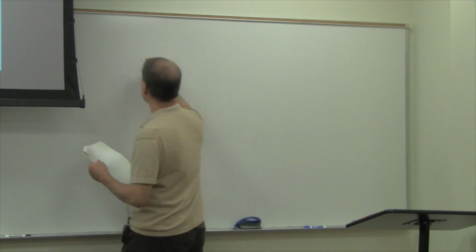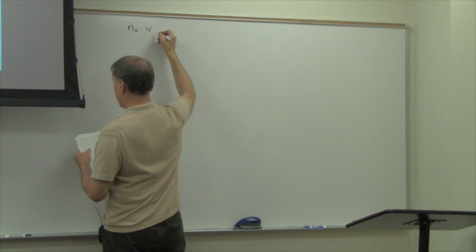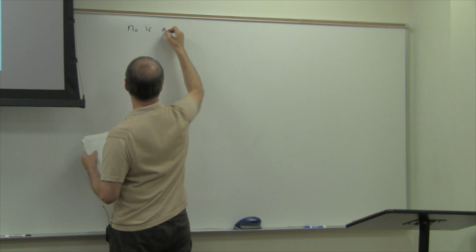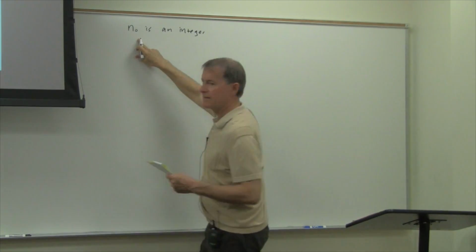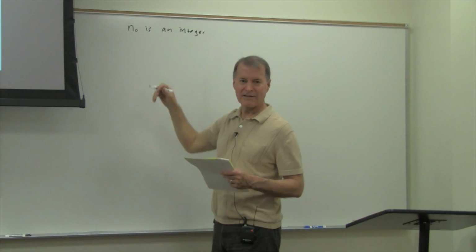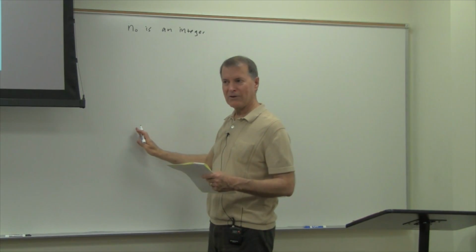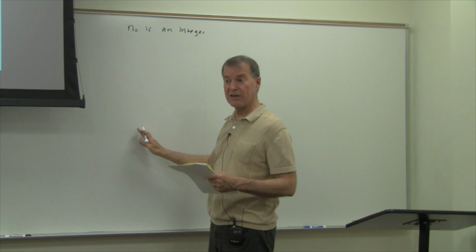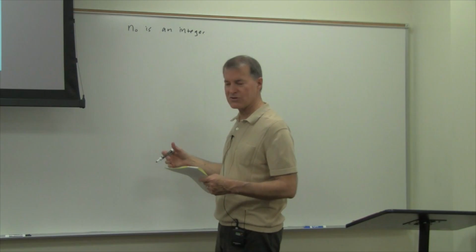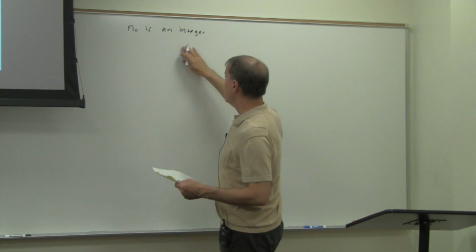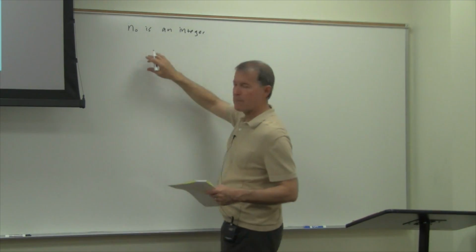But I need to make a statement here first. N naught is an integer, okay? Because n is usually, I mean, we draw it continuously and we analyze it continuously, but in real life, it's some measure of the size of the problem that you're dealing with, and it usually has to do with the number of data points that you're analyzing. And what did we say about n naught and c?